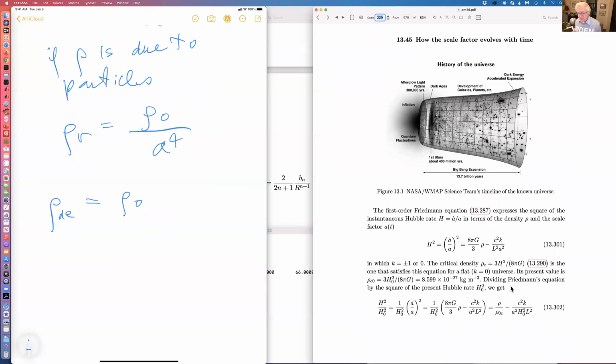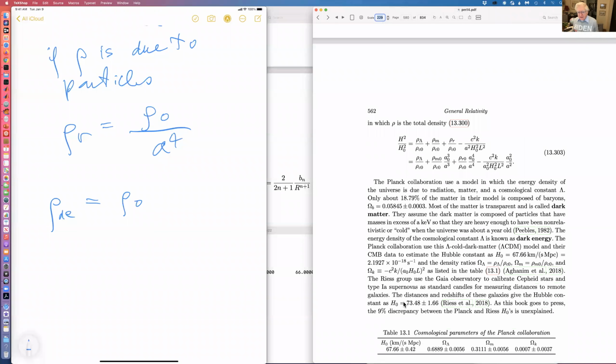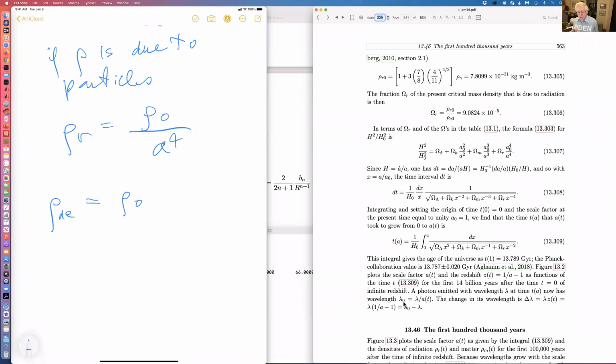And if you put those things into the Friedmann equation, and if you just set k equal to 0, since the experimental value is tiny, plus or minus something that's tiny, then you can integrate this equation, and you eventually get an equation that looks like this: the time at which the universe will have expanded from scale factor 0 to scale factor A would be given by this.